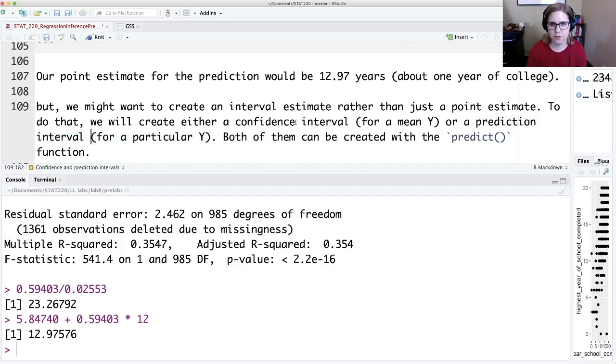In section 9.3, we're specifically thinking about a confidence interval for a mean y, and a prediction interval is for a particular y. So we've used the term confidence interval in a generic way before, but now we're using it in a more specific way. Either kind of interval that you want to create, you use the predict function to make them.